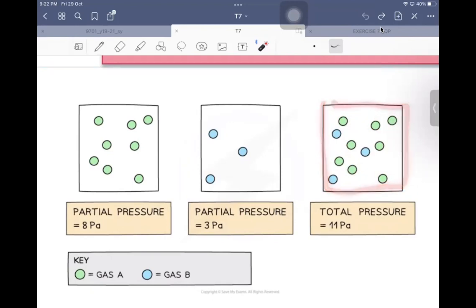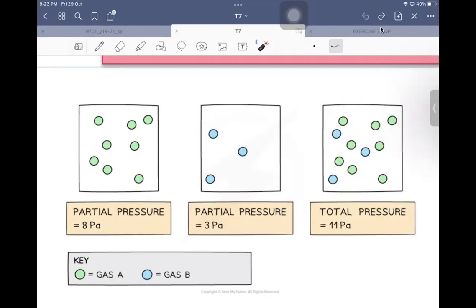All right. So for example, each circle represents one unit of pressure. The total pressure is 11 Pascal. Okay, so we're just going to use an easy number, right?